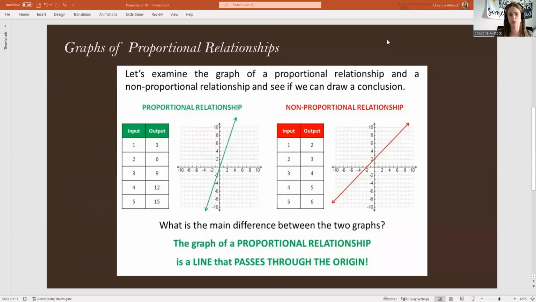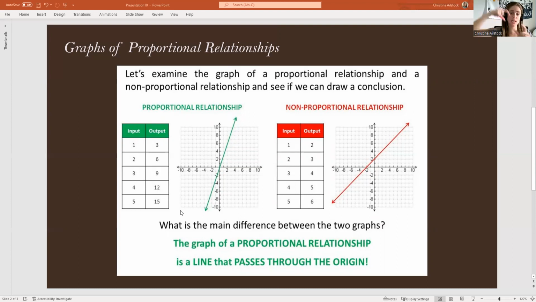So let's start off with reminding ourselves of what a proportional relationship looks like on a graph. On the left here in green, this is an example of a proportional relationship. There are two key things that we're looking for. One is that we have a constant of proportionality, which can also be referred to as your slope, and that is the same for the entire graph.